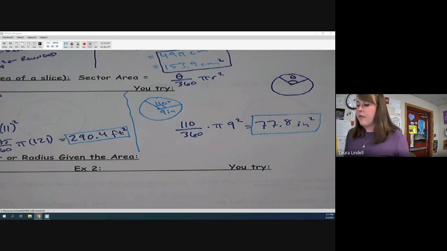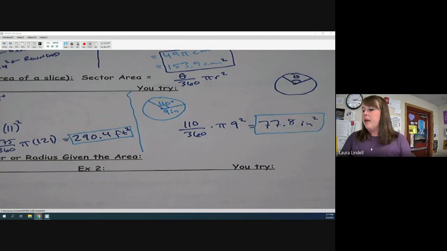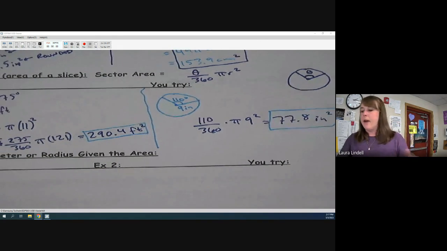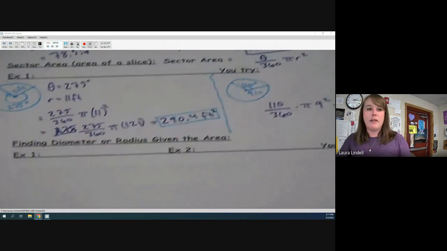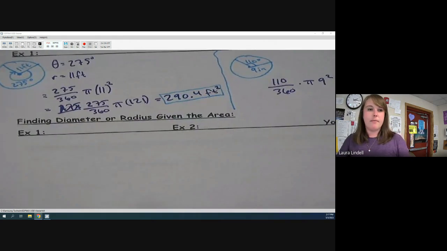So those are kind of the simpler versions of the problems, right? Because you're just taking radius and sometimes an angle and plugging it into a formula. But now let's step it up just a little bit and work kind of backwards, finding diameter or radius given the area.